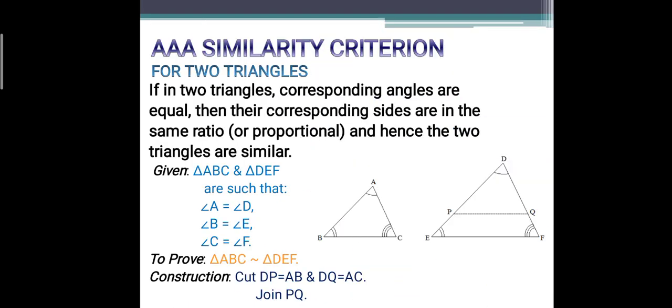There are mainly three criteria of similarity of two triangles: AAA, angle angle angle, SSS, side side side, and third, SAS, side angle side.